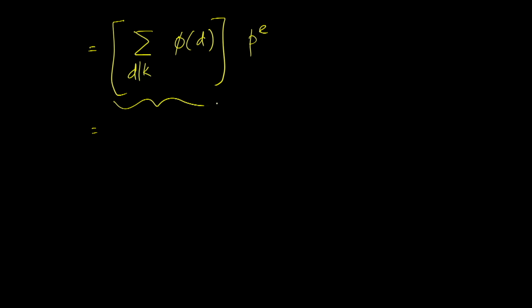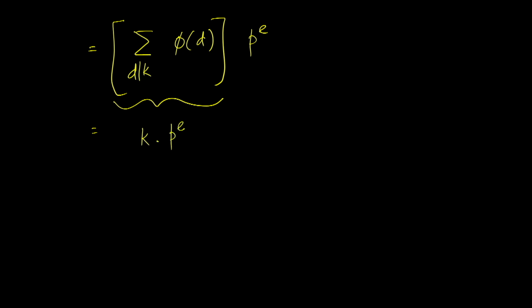Therefore, the quantity within the square brackets is the sum over d that divides k of phi of d, into p power e. But this quantity inductively we assume is k.